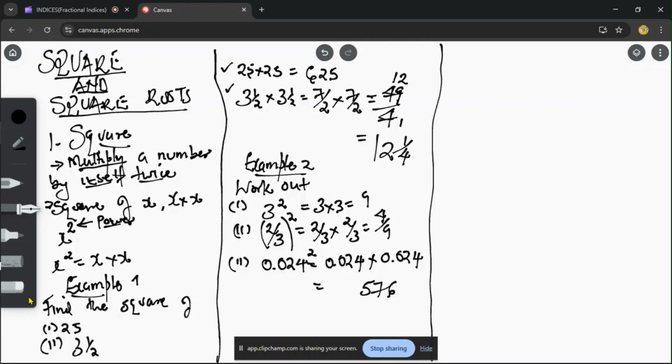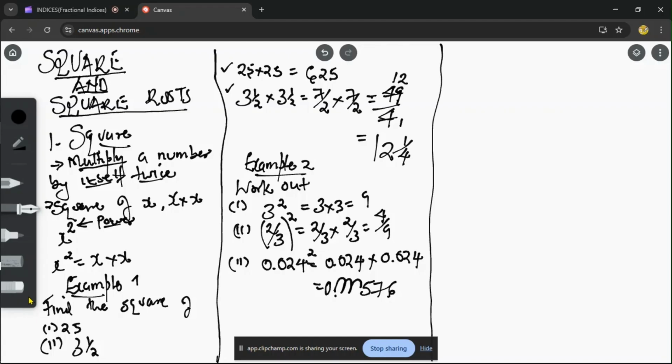576. Then we have how many decimals in total? We have 1, 2, 3, 4, 5, 6. So my decimal will move 1 step, 2, 3, 4, 5, 6. Just a simple illustration that I put 0 point.